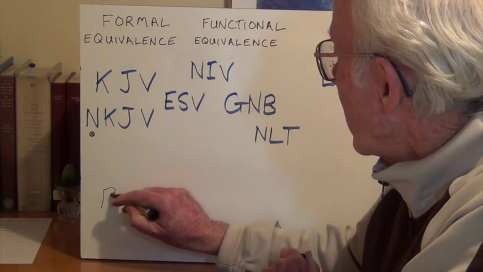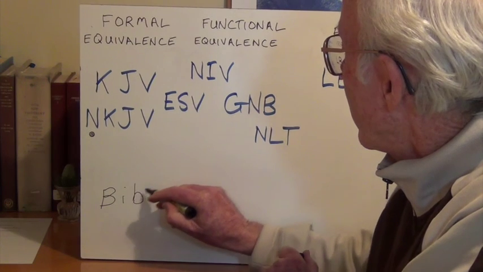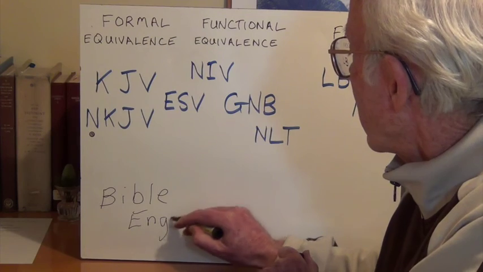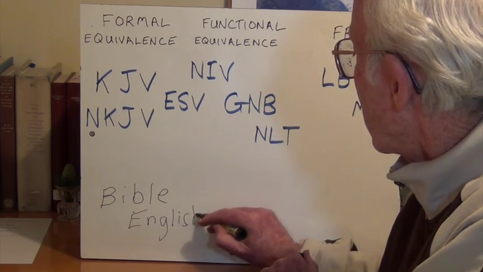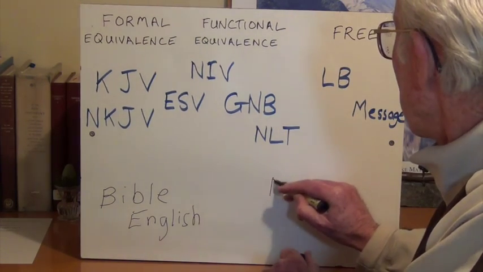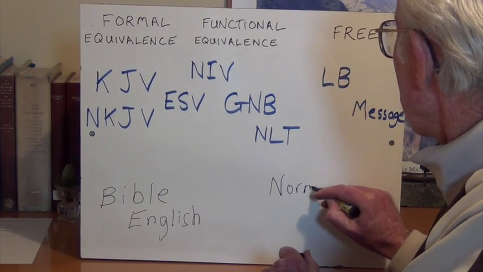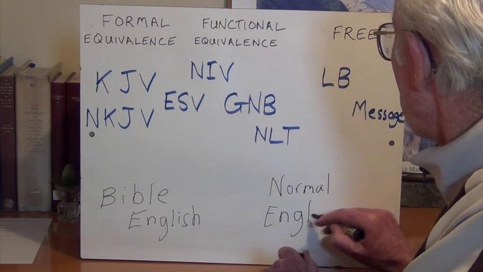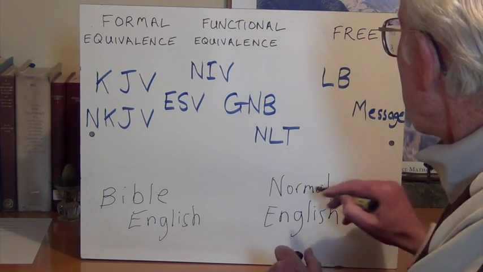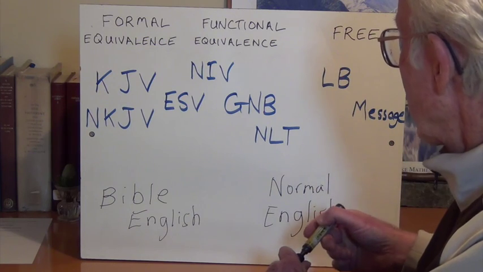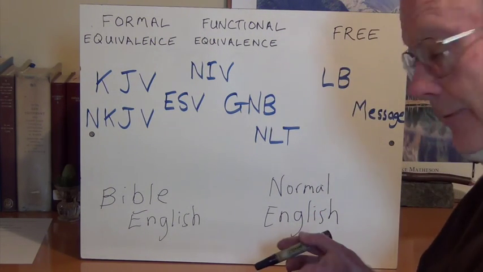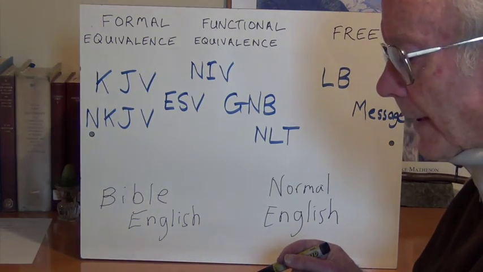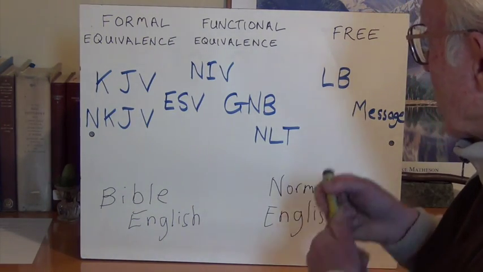Over here we have Bible English, and over here we're getting towards normal English, and I'm suggesting that this is an alternative way to look at these different versions, and we'll look at some examples shortly.